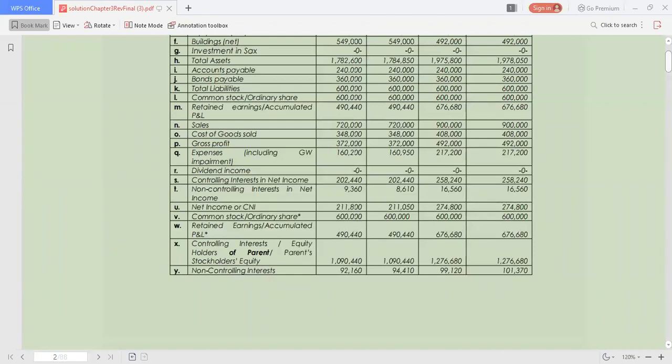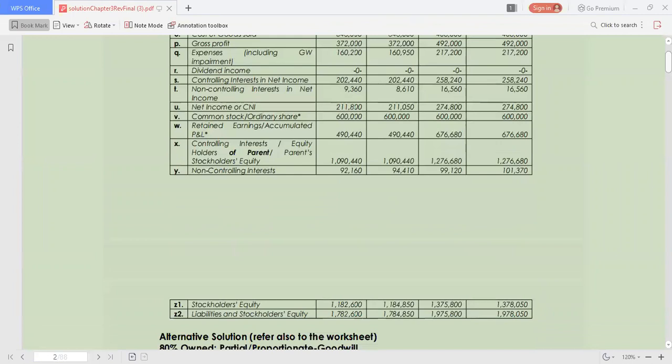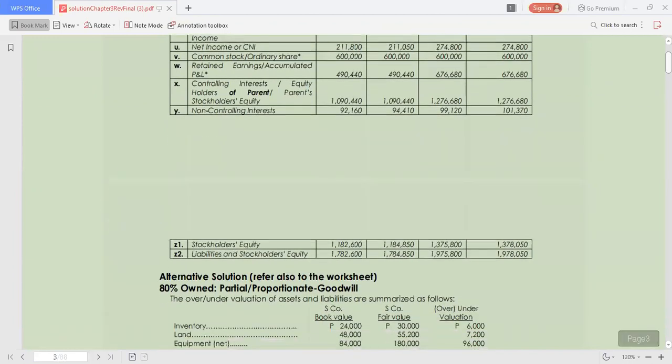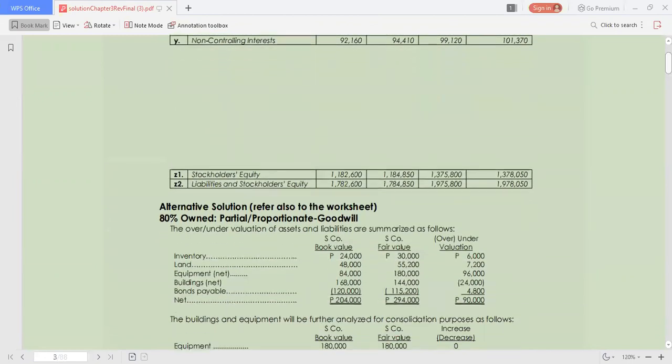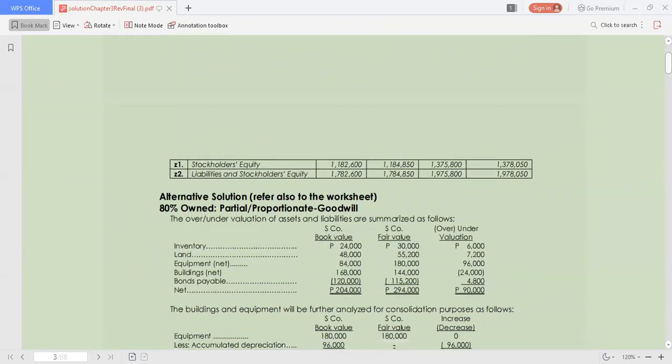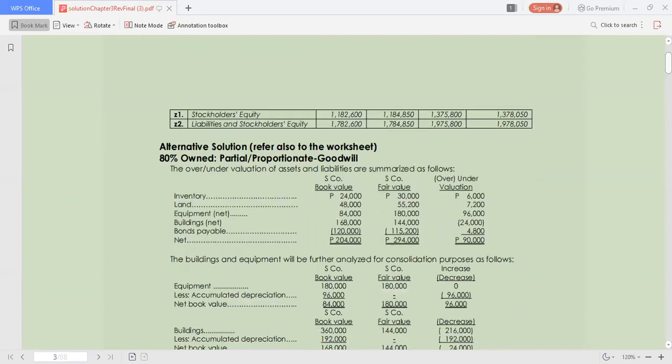Now again with the difference of 2,250 for the amount equal to the difference above, stockholders' equity and liabilities, and stockholders' equity. Now for the alternative solution, you also refer to the worksheet. 80% owned, partial, proportionate, goodwill. We have the undervaluation of 90,000.